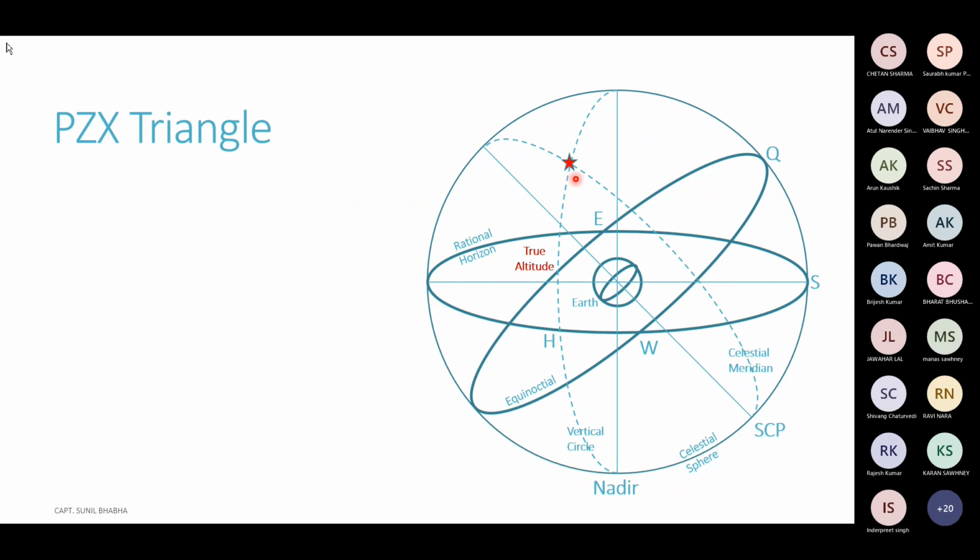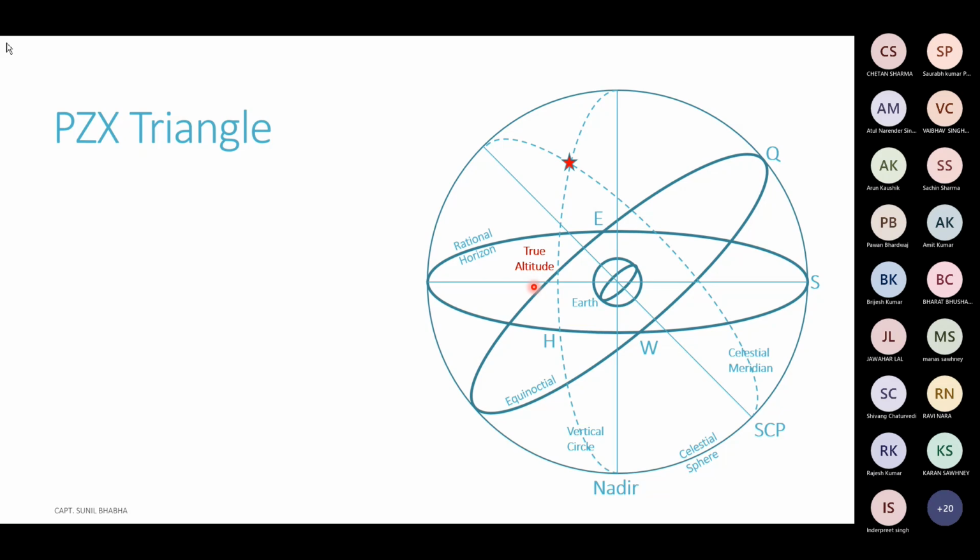And this is the celestial body, the red colored star which you see, what we are referring to right now. If you consider this arc of the vertical circle contained between the horizon at point H up to the center of the celestial body, we just now saw that this is the true altitude of the body. So all these things we have discussed already.